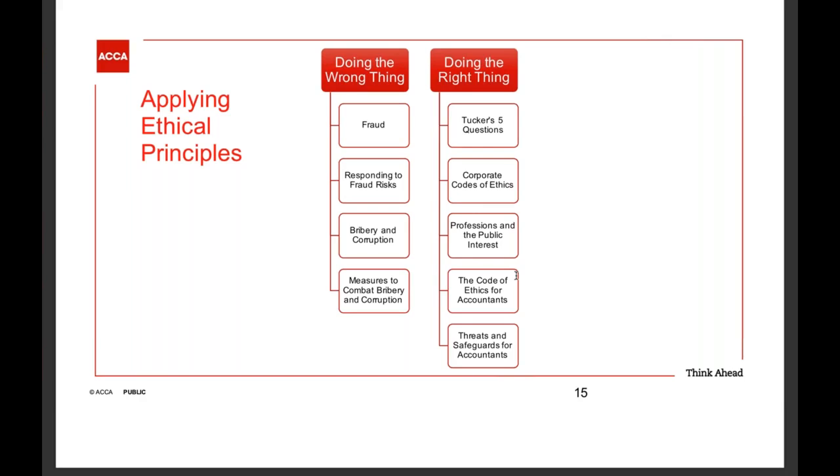Okay, the next part is applying ethical principles. Why it is important for you to apply ethical principles is that, remember, ethics is always related to this crucial risk, an important risk, that is reputation risk.